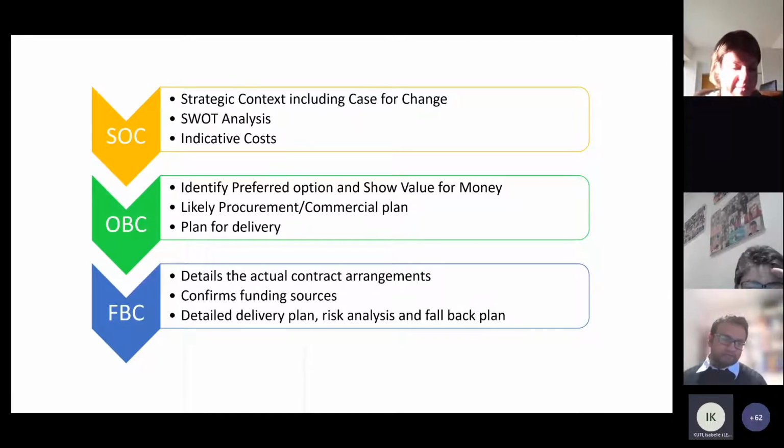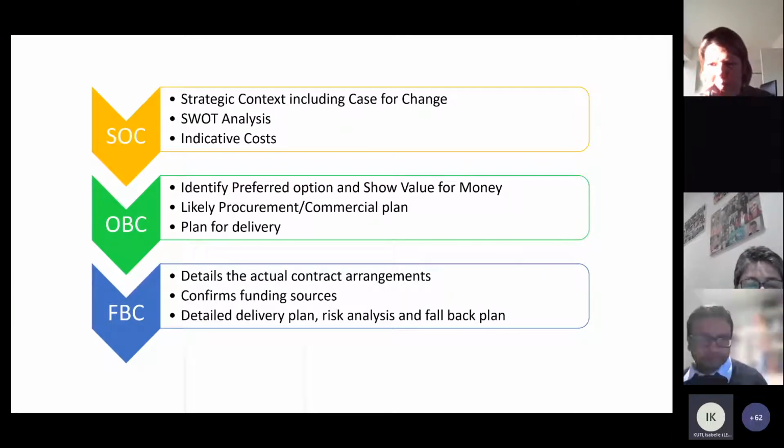Okay, and you start to get an idea of the ballpark figures that you're talking about, because that gives you an idea of what kind of procurement process you need to go through and who needs to get final approval. Because depending on the organisation you work for, whether a foundation trust or not, and the amount of money involved determines how high up the chain it needs to go.